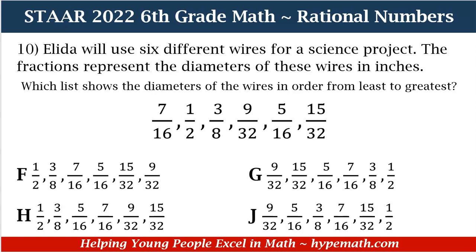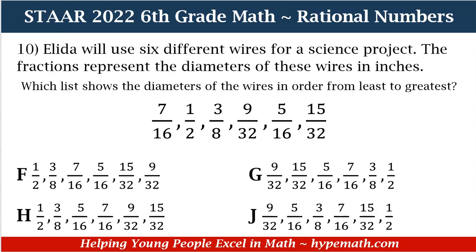For F, we have 1/2, 3/8, 5/16, 7/16, then 5/16, 15 over 32, 9 over 32. For G, we have 9 over 32, 15 over 32, 5/16, 7/16, 3/8, and 1/2.